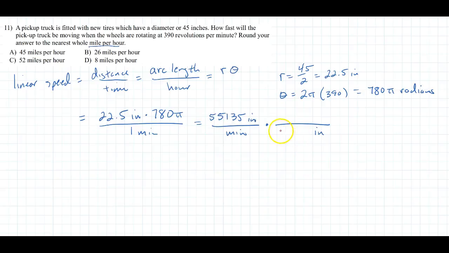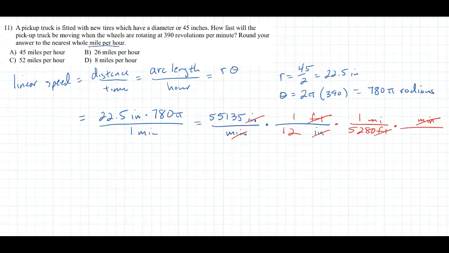So I know that there are 12 inches in 1 foot, and there are 5,280 feet in 1 mile. So by doing this conversion, I'm going to be left with miles per minute. But I don't want to have minutes. I want to multiply that by something to get rid of my minutes.